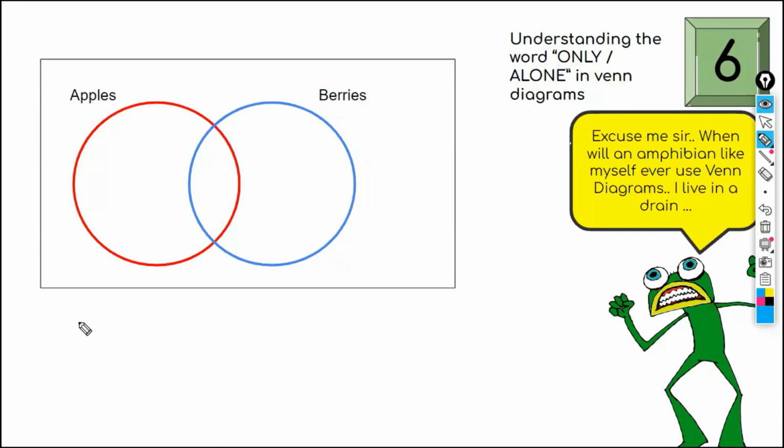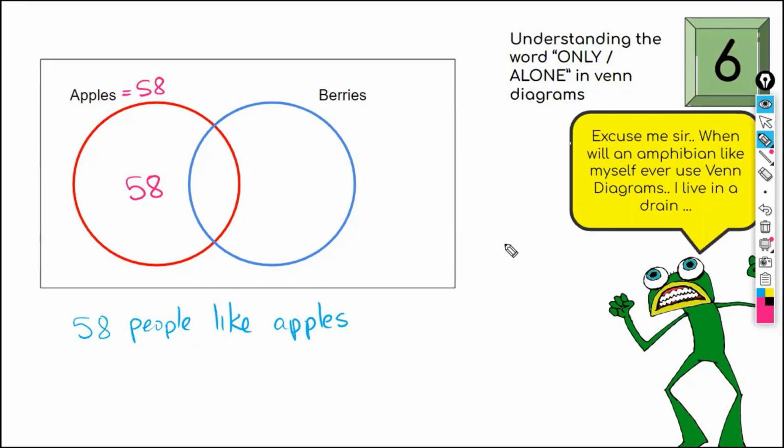If I say 58 people like apples, where does that 58 go? Inside the circle or outside the circle? Well, if I just said 58 people like apples, the majority of the class got it wrong.